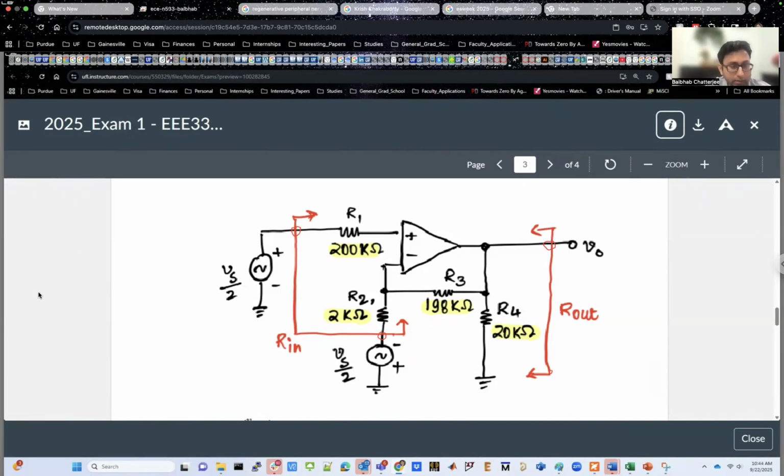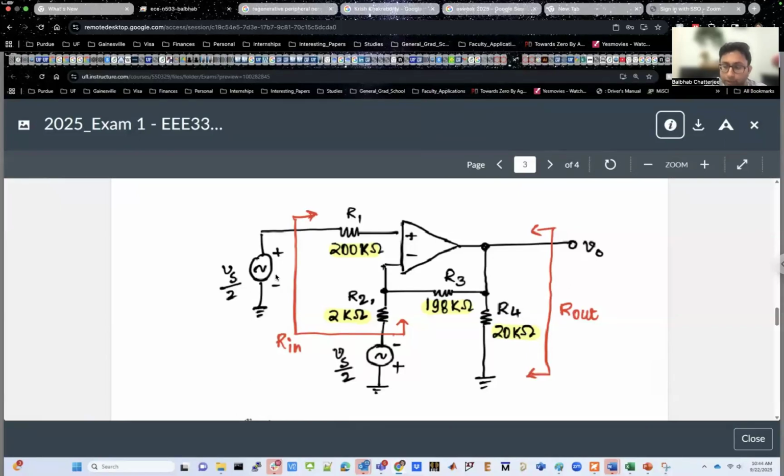Now, one thing that is interesting and that you should pay attention to is that in this circuit, as you see over here, there are two input voltages. There is a Vs over 2 eventually connected to the non-inverting terminal of the op amp, and another Vs over 2 eventually connected to the inverting terminal of the op amp, right? So instead of having only one input, now you have two inputs in this particular question. And how do you take care of such scenarios? You already learned something called the superposition theorem.